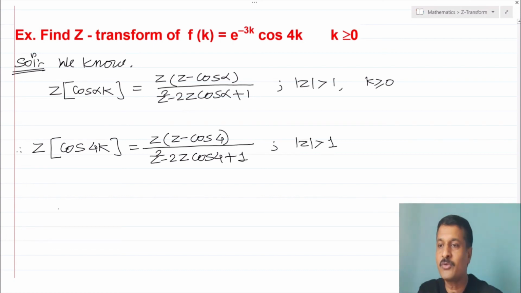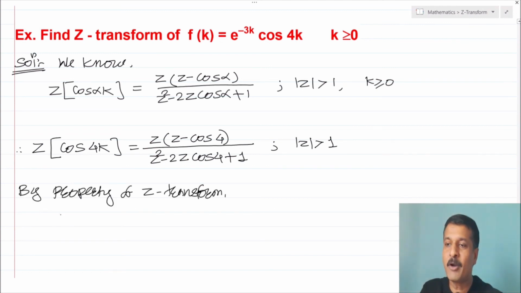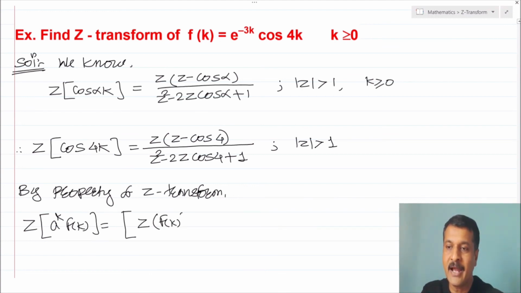Now I want to use the property. So by property, z transform of a raised to k into f of k is nothing but, you first find z transform of f of k, and in this case every z you replace by z by a.